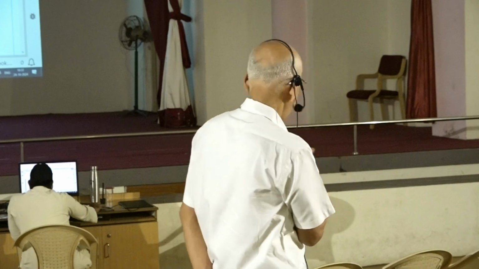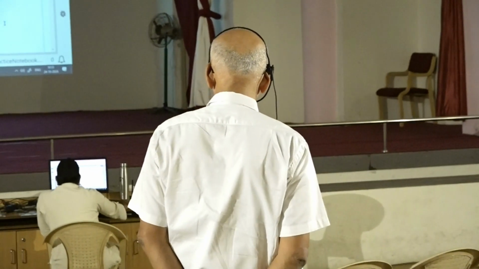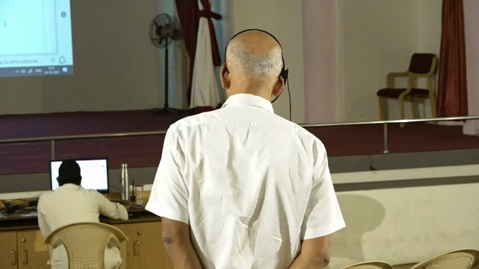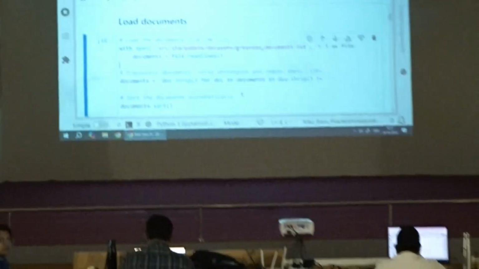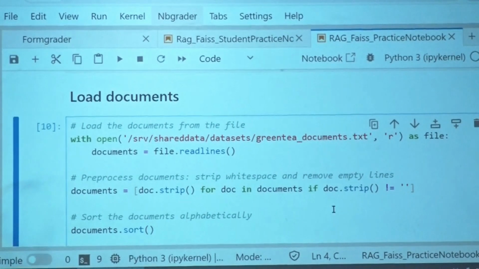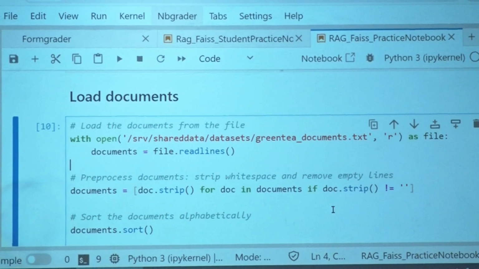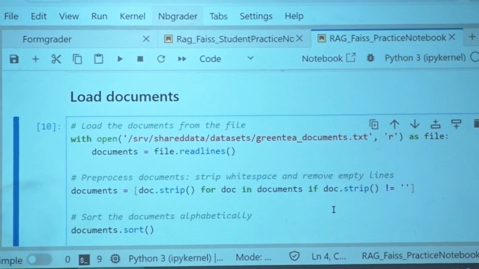Of course, this is pretty obvious, but I would always be curious: if you say documents = file.readlines, what am I getting? What is the dimensionality of documents? What kind of data structure is it? Is it a list? Is it a matrix? You should always be looking for that. What data structure are we using?